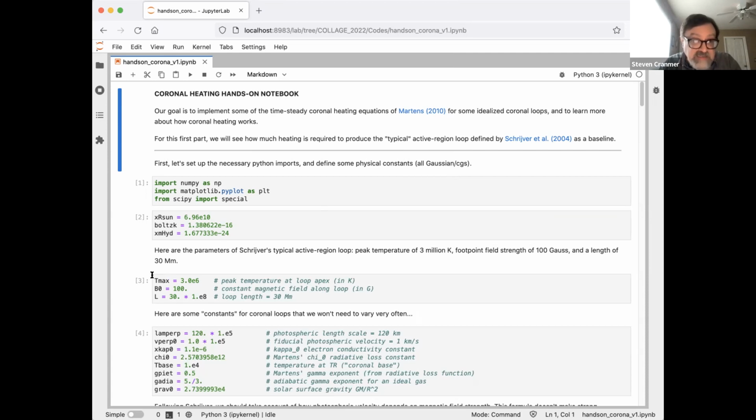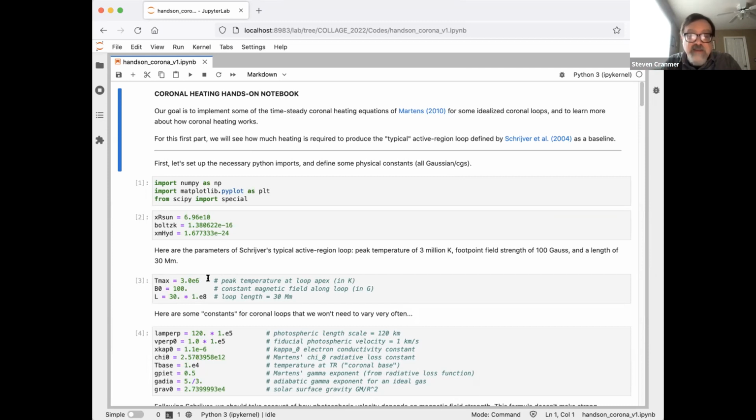I set the desired properties of Carl Schreiber's active region loop, right? He said that the typical active region loop has a magnetic field strength of 100 Gauss, a length of 30 megameters, and a maximum temperature of about 3 million degrees. So that's sort of the target.